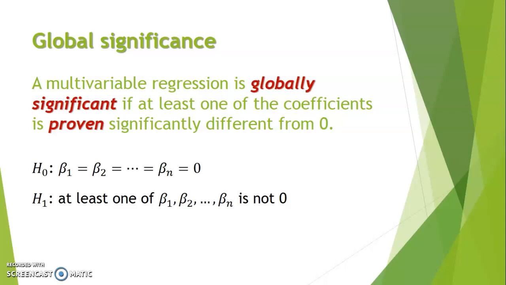A multivariable regression is globally significant if at least one of the coefficients is proven different from 0. That means that our first assumption is to assume all of the coefficients for the x's are 0 until proven otherwise. H1, the alternative hypothesis, is to be proven, and this is to show that at least one of the coefficients is not 0.